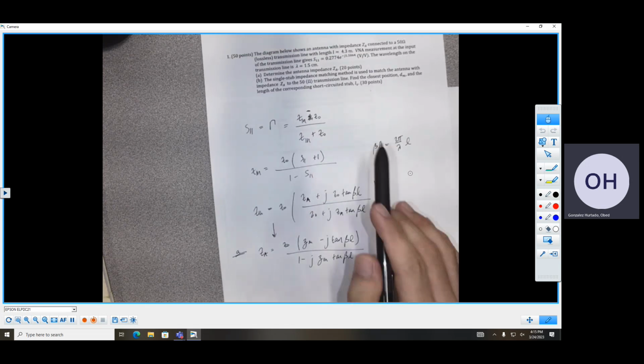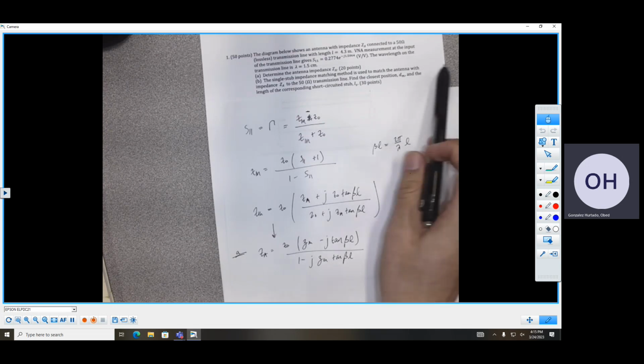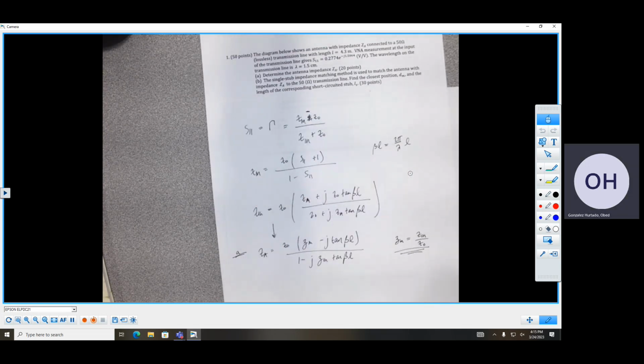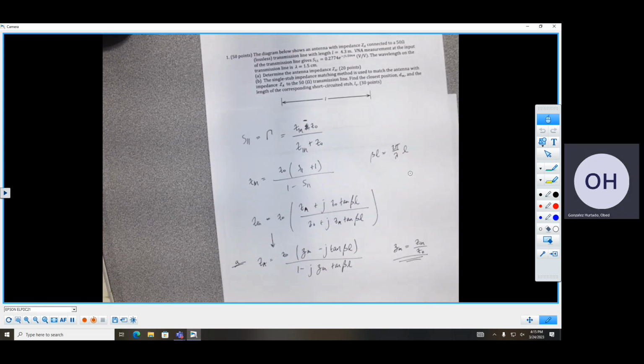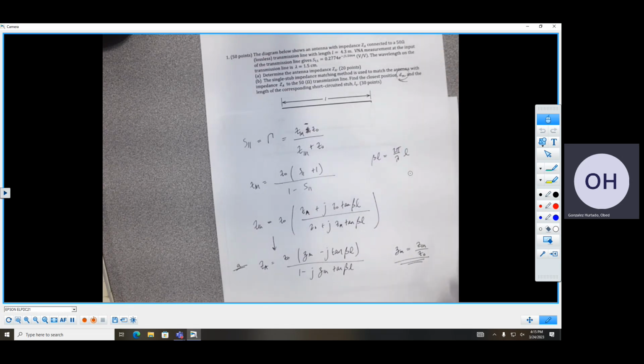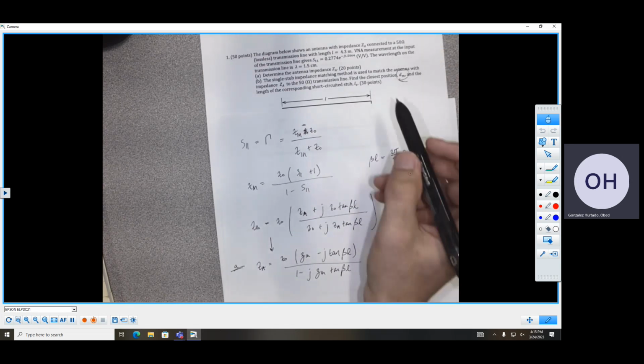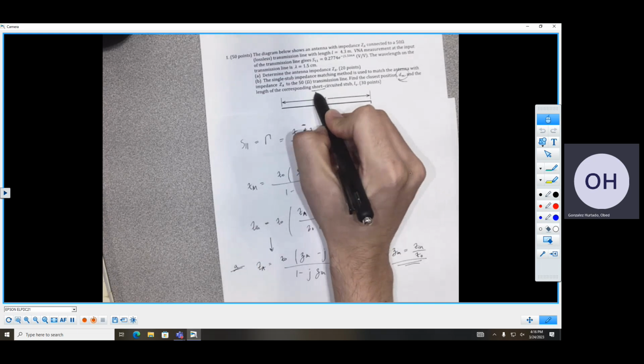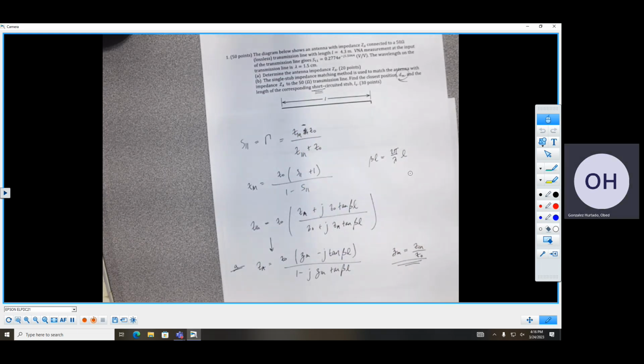So we know that single stub matching is used on the 50 ohm transmission line. We're trying to find the closest distance, dm, of the length corresponding to a short stub. So we want a short stub length of this.